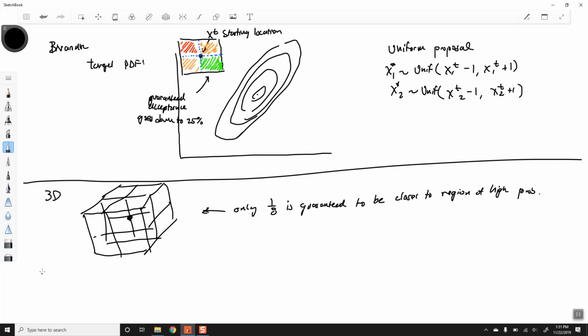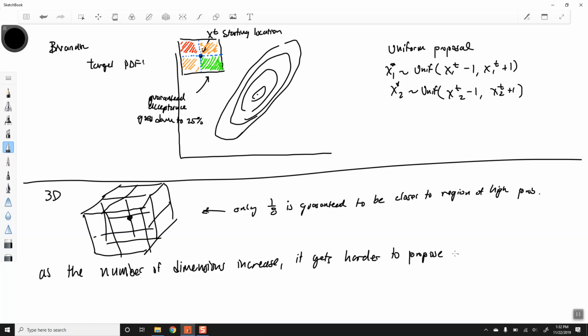And as the number of dimensions increases, it gets harder to propose a good value.